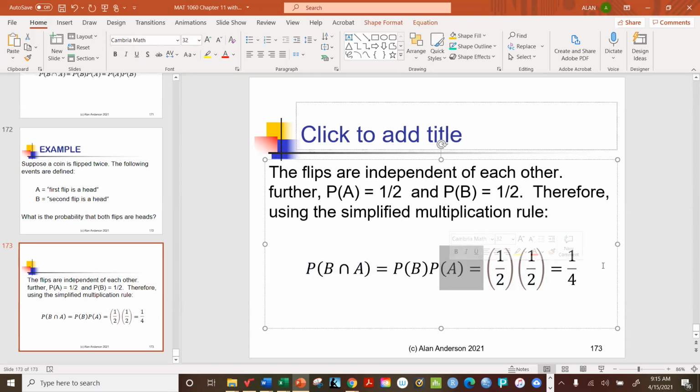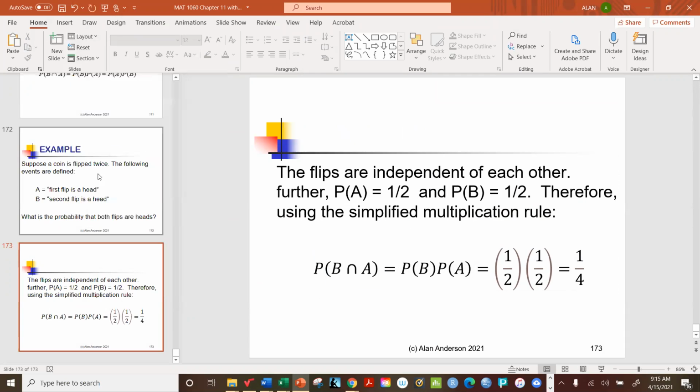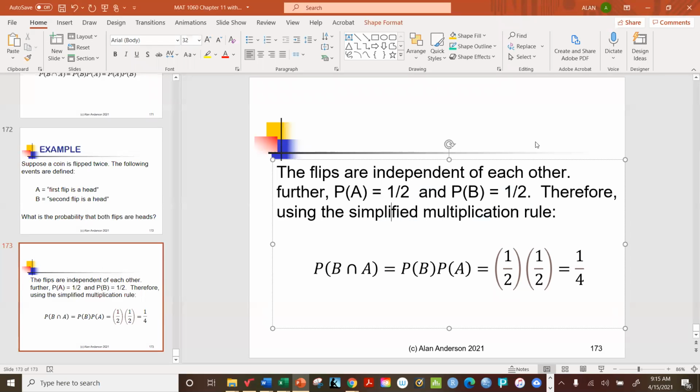All right, there we are. And that's how it works. But keep in mind that this is only possible because A and B are clearly independent of each other.